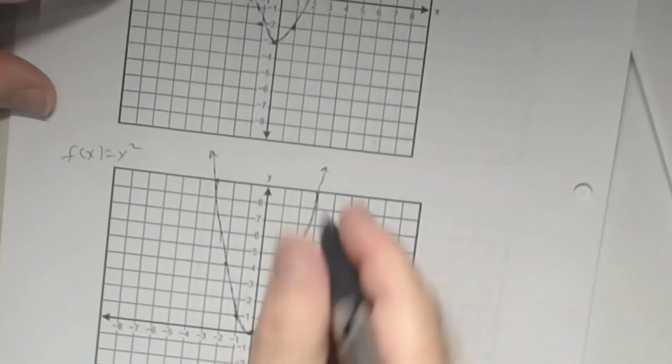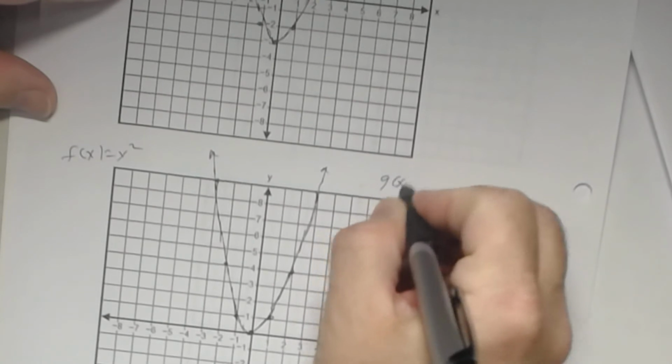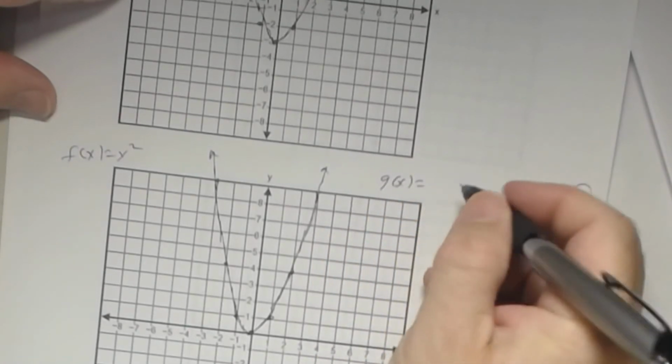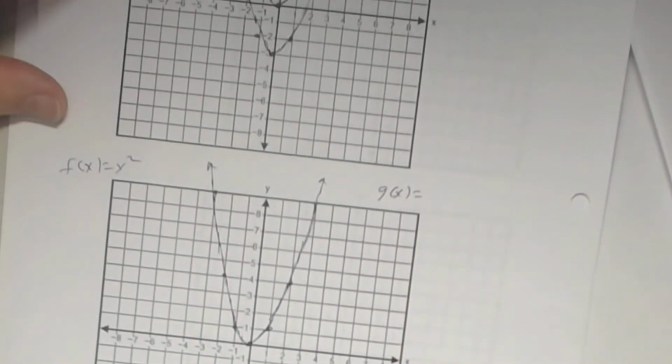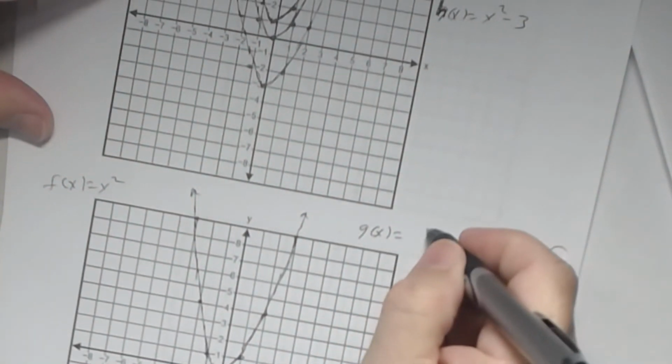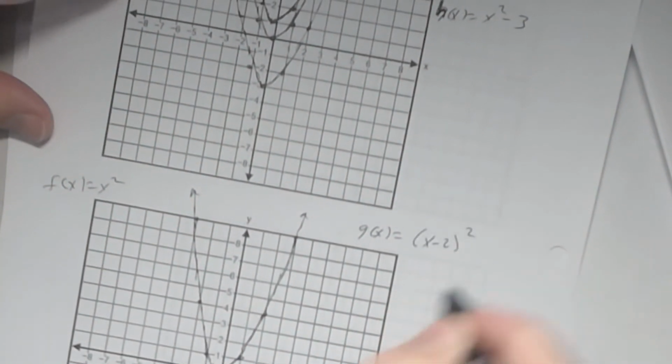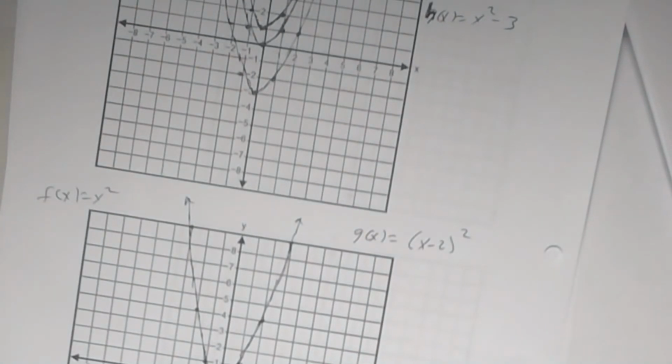Now what I want to do is graph g of x equals, now horizontal shift looks like that. Remember, for a vertical shift, the number's on the outside of x squared. So I want you to look at this. g of x equals (x minus 2) squared. See that this is not x squared minus 2.